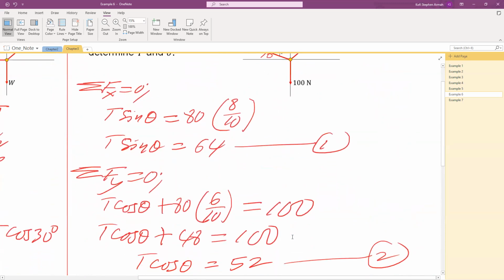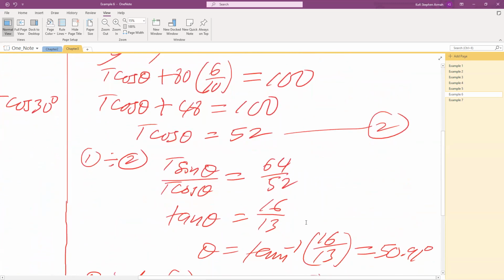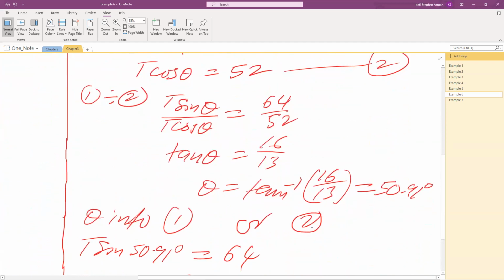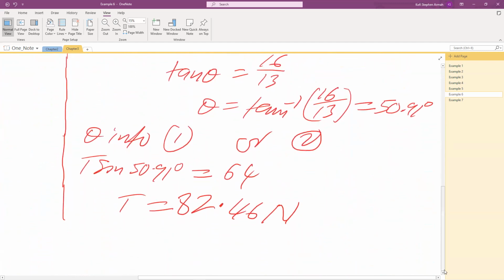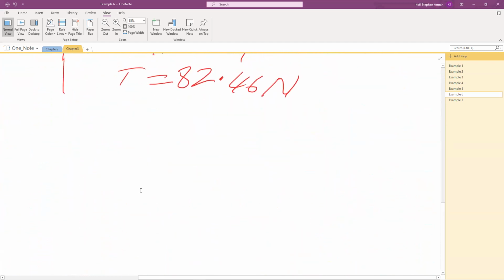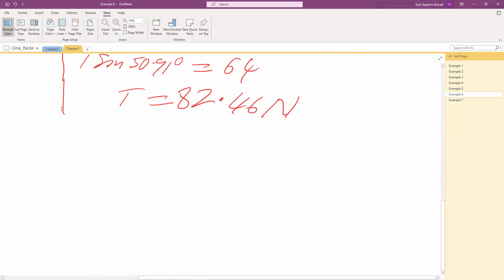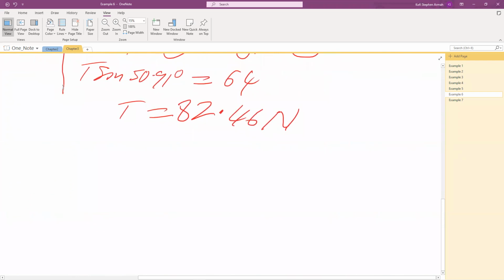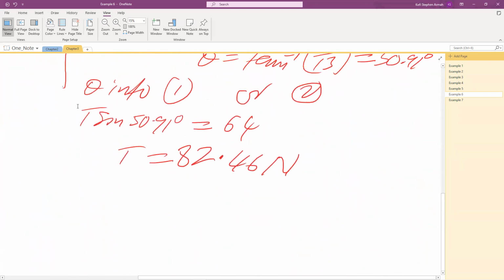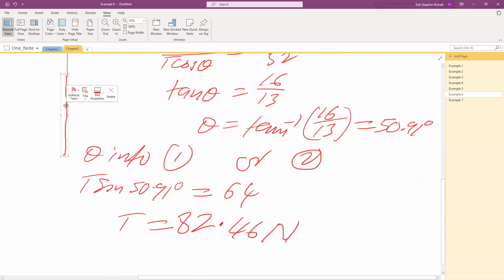So let me go back. Yeah, it's in newtons. Let me show another way of handling it. It's all about trigonometry. So you just decide what you want to do. And of course, you could also substitute into. There's a line here that I want to extend down.